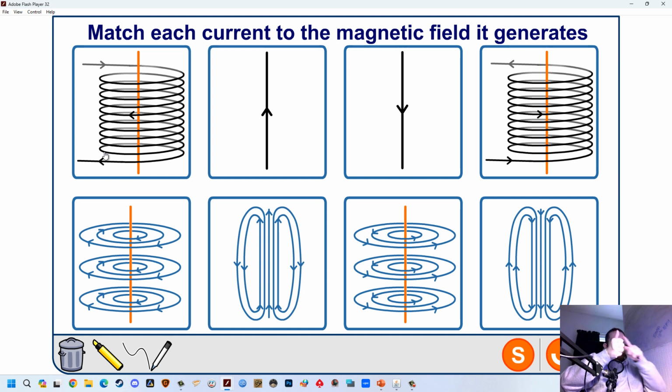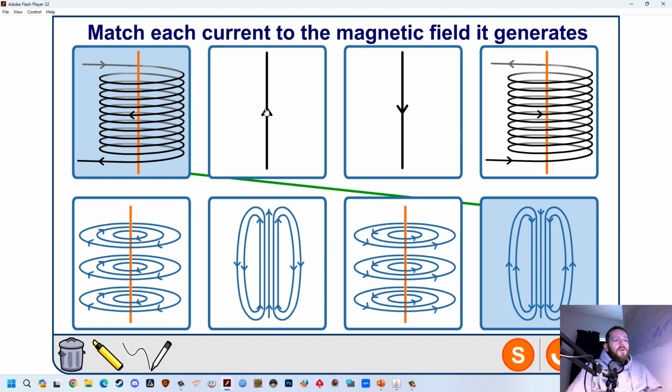So the north is definitely not up. If I do that, however, now my four fingers are lining up with the current in that solenoid, and my thumb's pointing down. So I want something showing a solenoid's magnetic field, which is either this one or this one, and I want the one showing the magnetic field going down, which is going to be that one there.